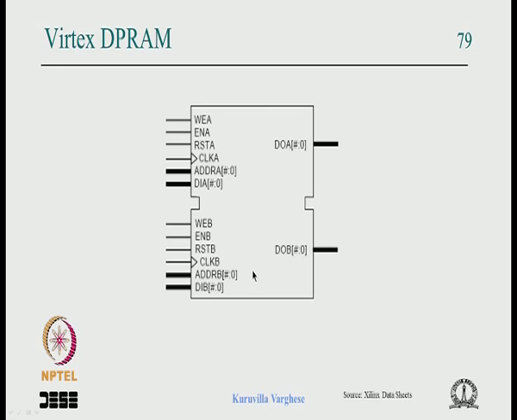So that's very useful because maybe some hardware which is computing is writing to the memory location. At the same time the earlier output can be read and computed. So you can see that the computation can go uninterrupted.